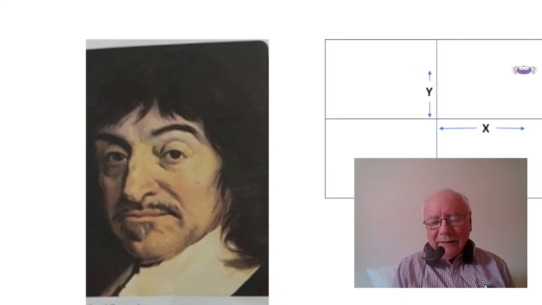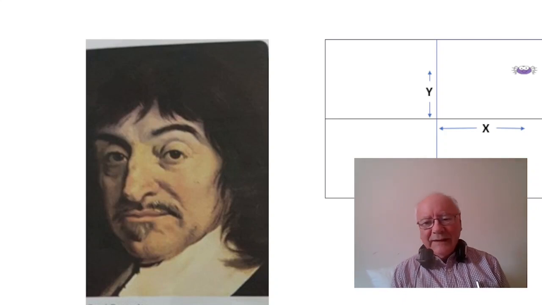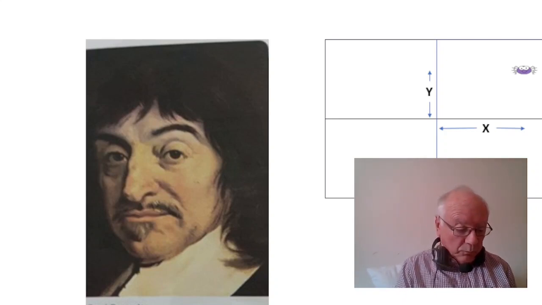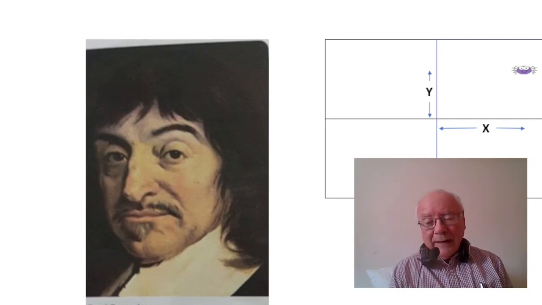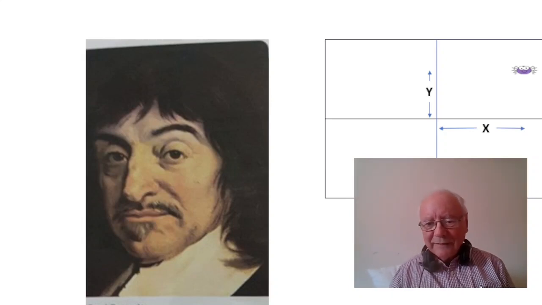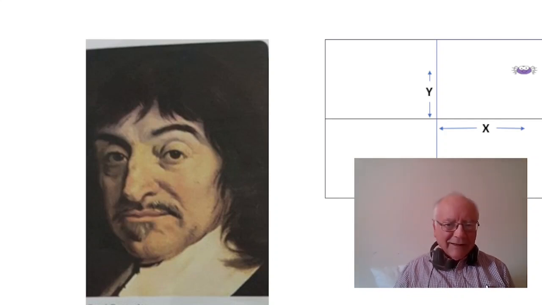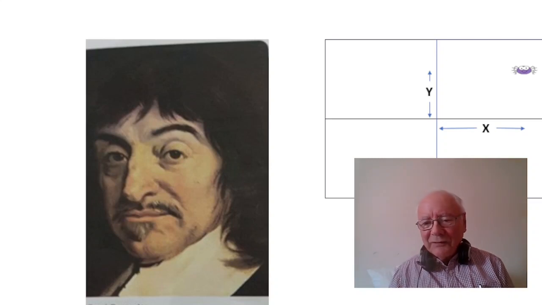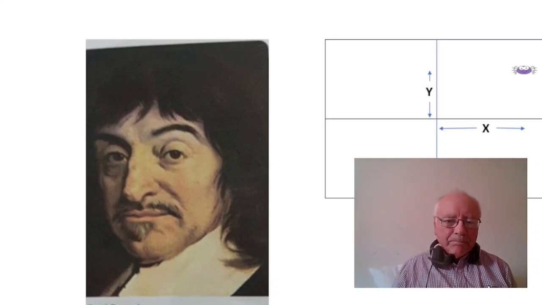And he was in bed one night looking up at the ceiling, which had just been whitewashed. And on the ceiling was a spider. Now, I know some of you might be a bit scared of spiders, so I've drawn over here on the right-hand side a representation of Descartes' ceiling. And there's a spider sitting there in the corner.